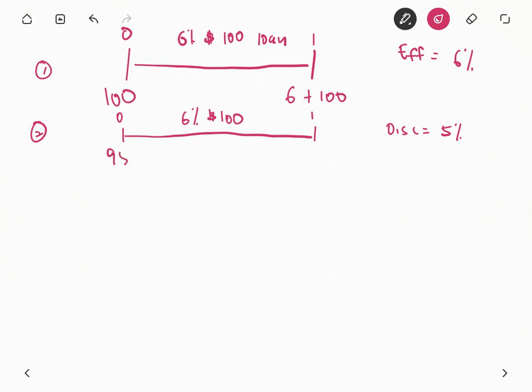So I will receive $95, correct? And it will be repaid at par value. How much interest am I going to pay 1 year later? 6% of 95 or 6% of 100? It has to be on the nominal value. I borrow 100, I must pay back 6 interest based on the 100. So I must pay back 6 interest. Then I will redeem at par.